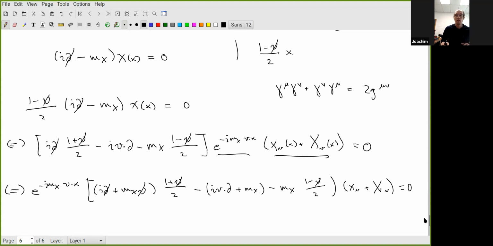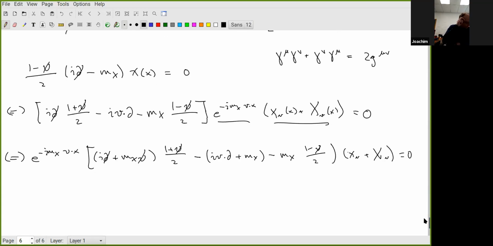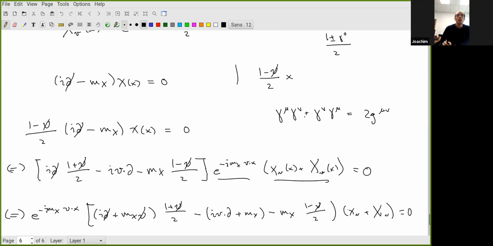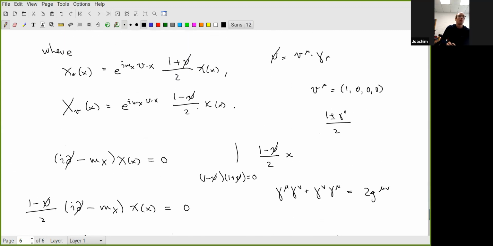Okay, so this looks pretty complicated, but now we'll see that this simplifies nicely, because you can easily calculate that (1 minus v-slash) times (1 plus v-slash) equals 0. And by definition, the small chi_v comes with a 1 plus v-slash, and the capital Chi_v comes with a 1 minus v-slash.